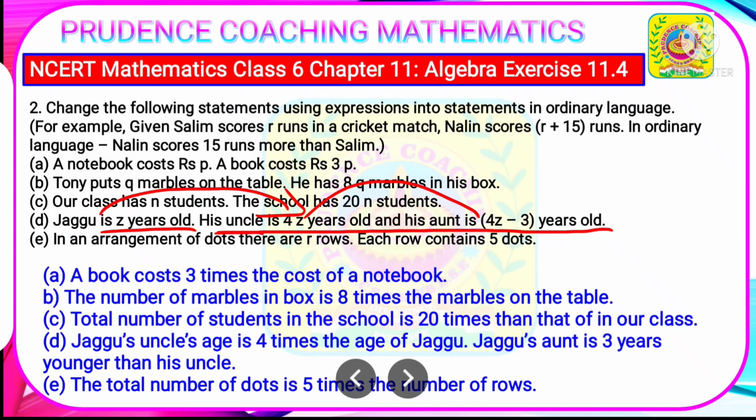If we multiply Z into 4, you will get the uncle's age, that is 4Z. If his uncle's age is 4Z, and we subtract 3 from it, we get his aunt's age, that is 4Z minus 3.